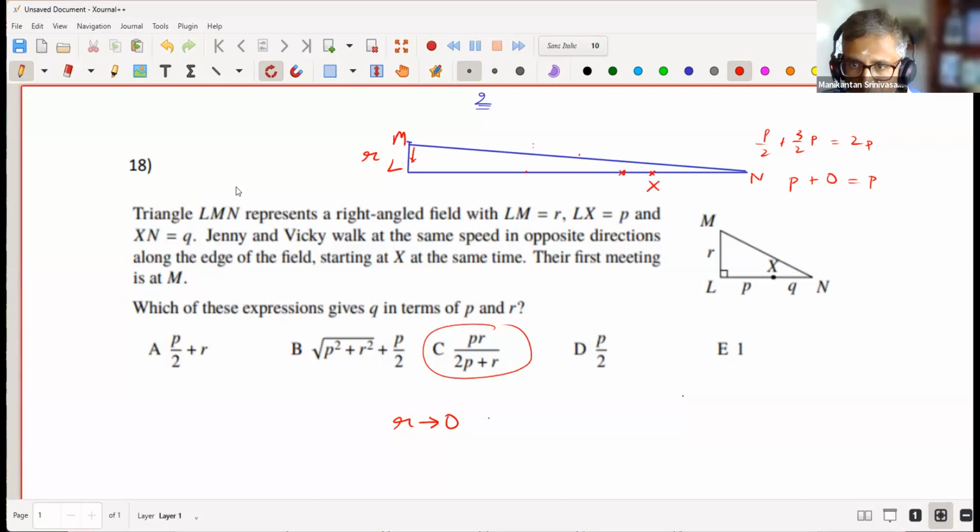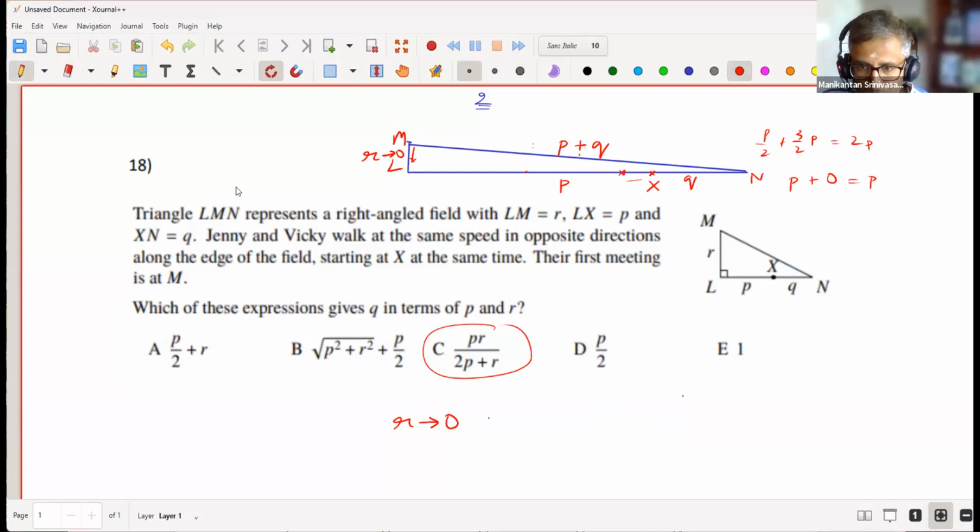So as R approaches 0, that means Q should approach 0 as well, because this guy will. So this is P, this is Q, and this is P plus Q, because R is tending towards 0. Do you guys agree?